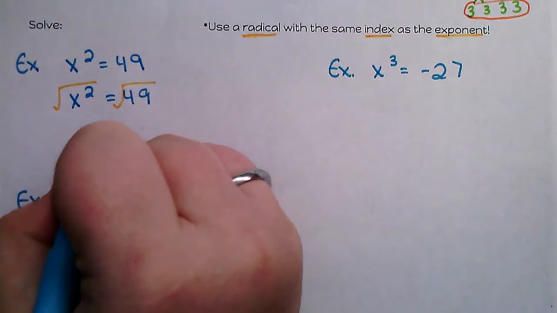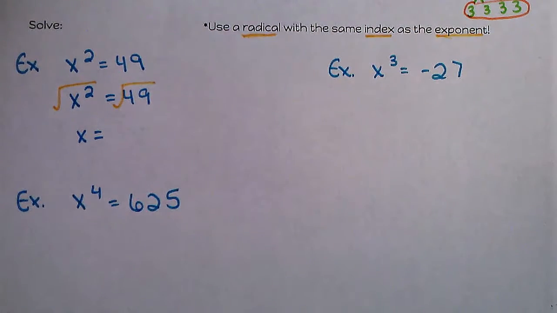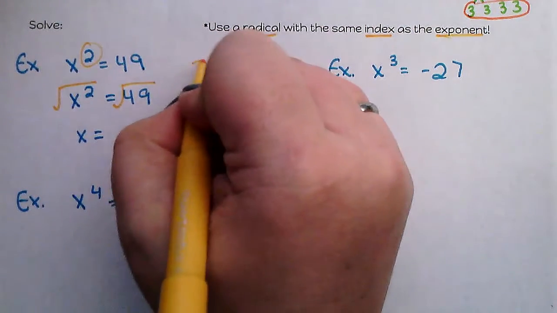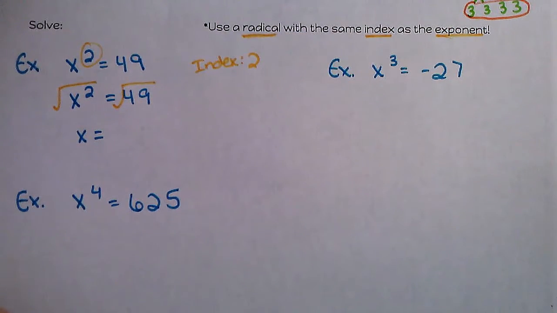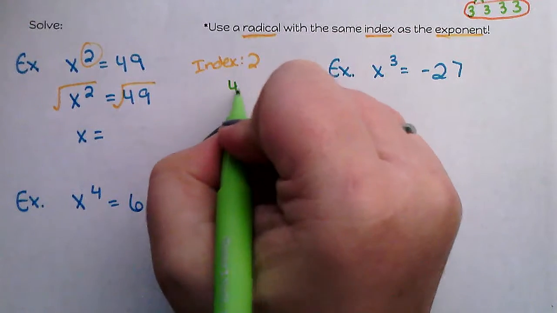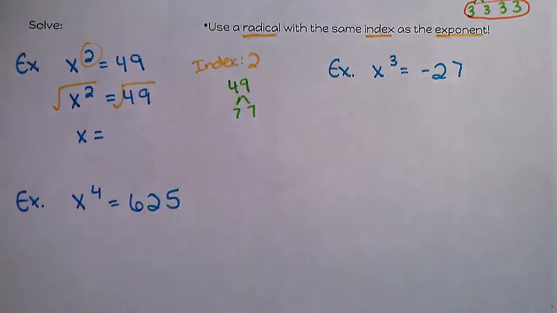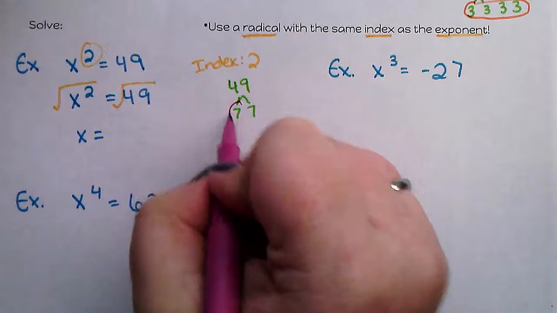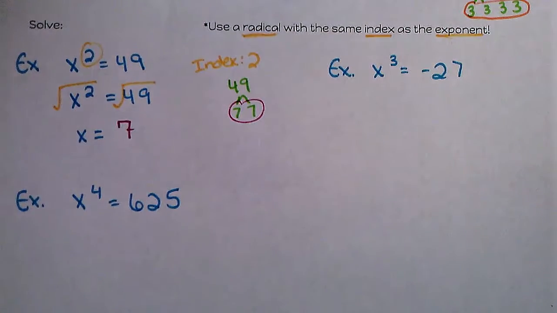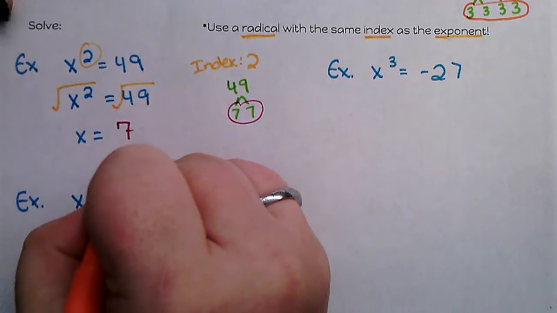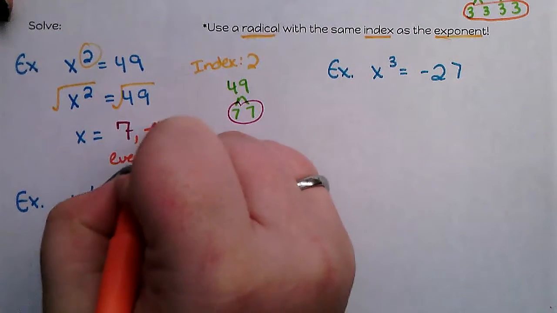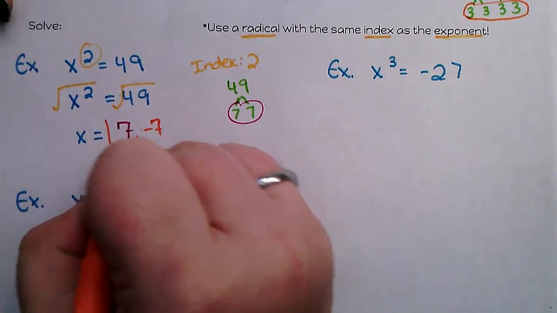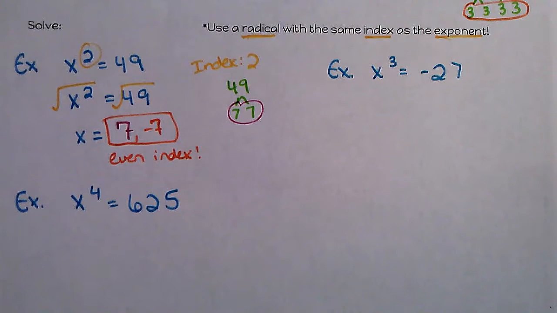So x equals the square root of 49, and the index is 2. We make a factor tree and circle pairs because the index is 2, so the answer is 7. But do you see that we have an even index? 2 is an even number, so we also have to put -7. So you have 2 answers, 7 and -7.